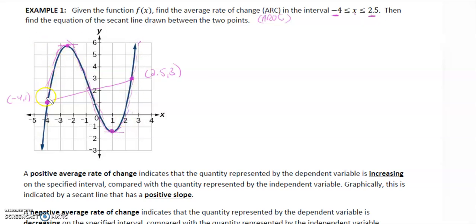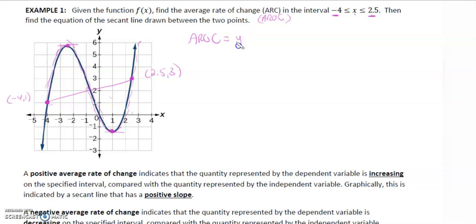It doesn't matter how much this slope changes between -4 and 2.5. What we're looking at is the average. Even if you took every single rate of change, which is infinitely many, and then averaged them out, the average rate of change is going to be exactly what the secant will tell us. I'm not going to call it m, that's grade 9. I'm going to call it a rock.